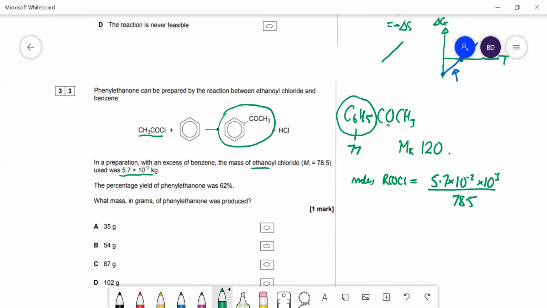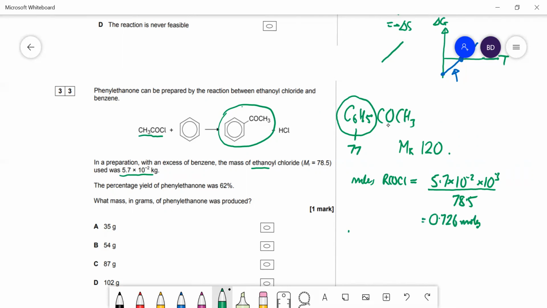Let's do that. That gives us 0.726 moles of that.